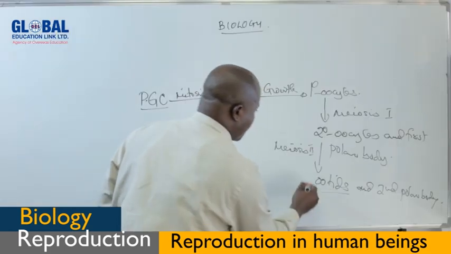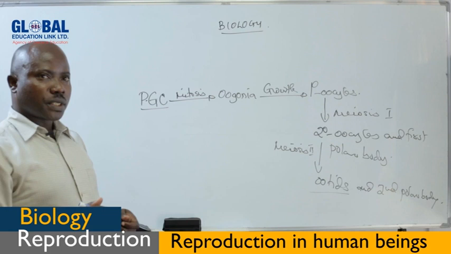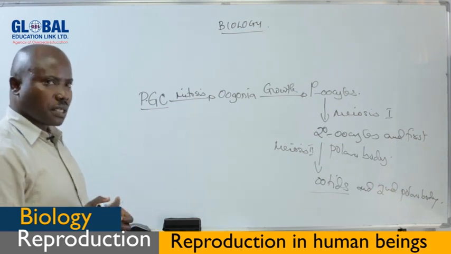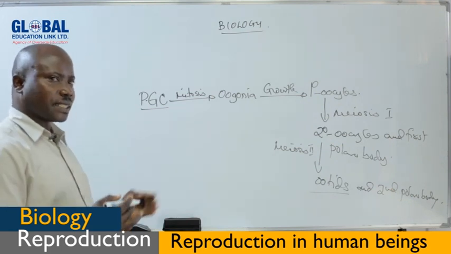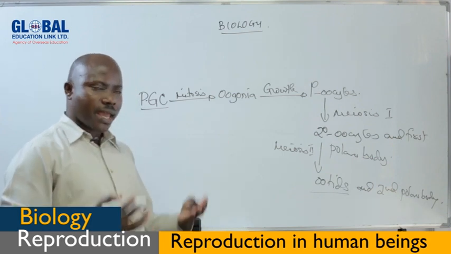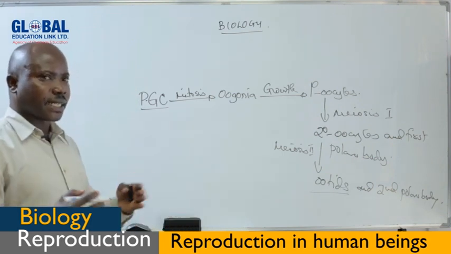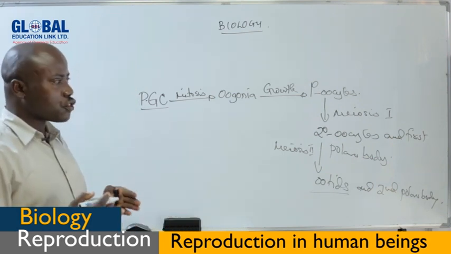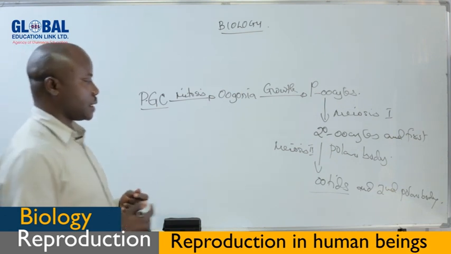As I said before, these ootids are not yet functional. They have to undergo cell differentiation so that they acquire the necessary features to make them functional for the process of fertilization.